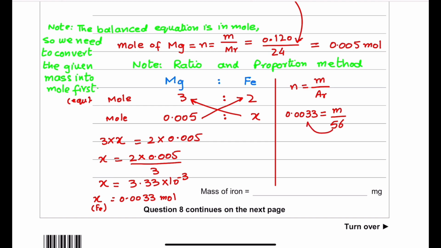This 56 goes to the other side when rearranging and multiplies with 0.0033. The mass of iron is 186.7 milligrams, which is approximately 187 milligrams.